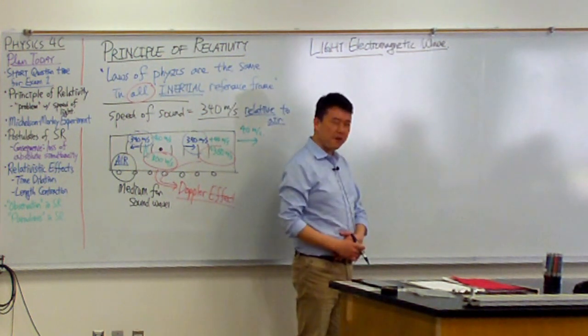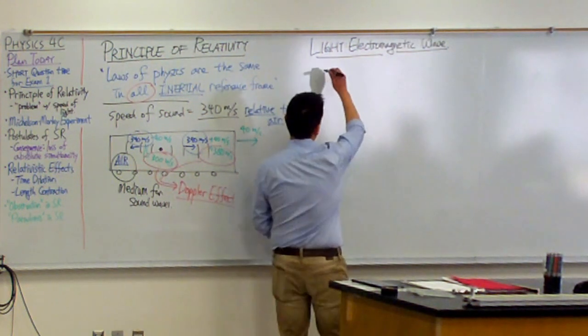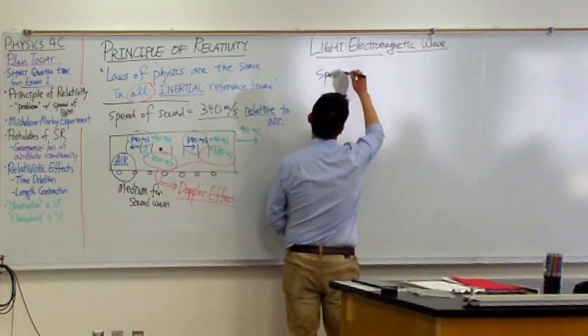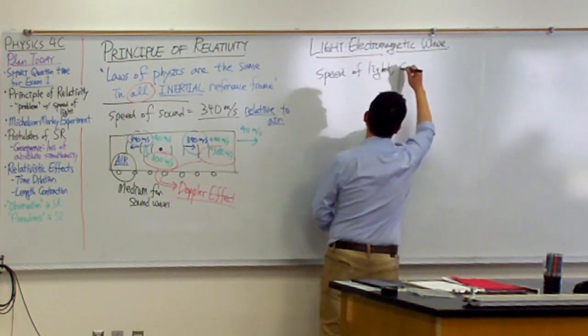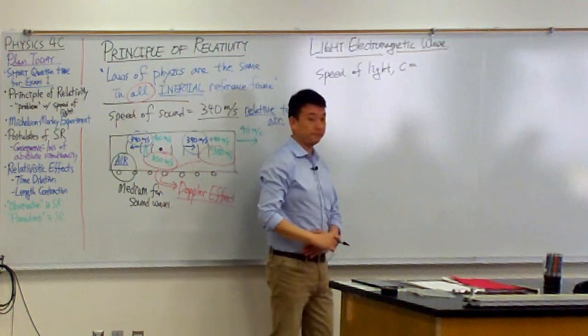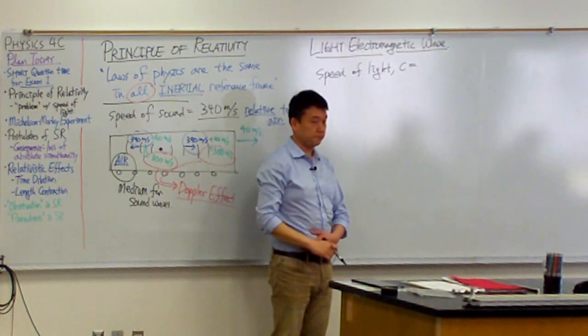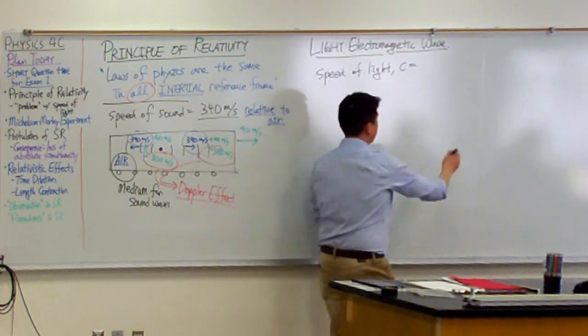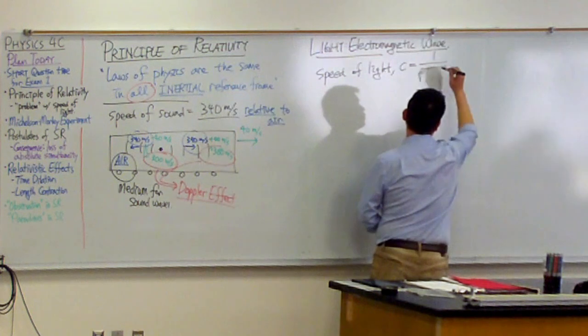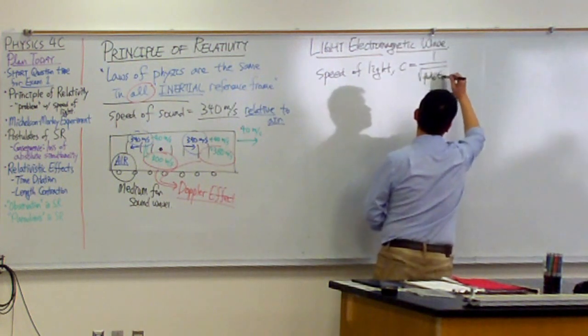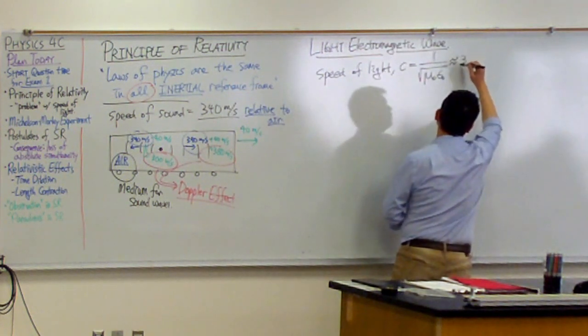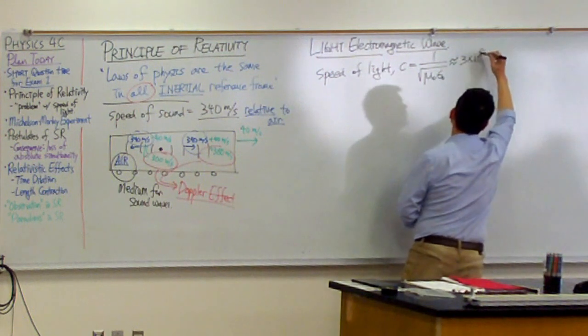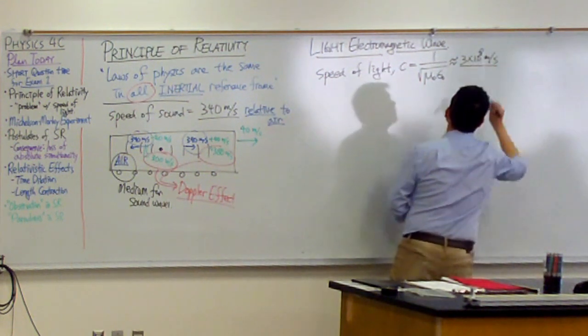And do you remember what the expression for speed of light was? 1 over square root of mu naught epsilon naught, or approximately 3 times 10 to the 8 meters per second.